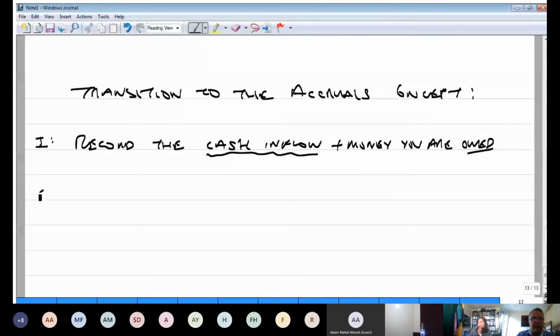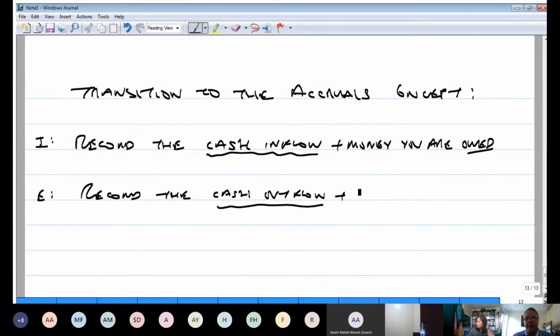And for the expenditure, you record the cash outflow as normal, plus any money, but this time you owe. Okay, so this is the difference between accruals and cash.